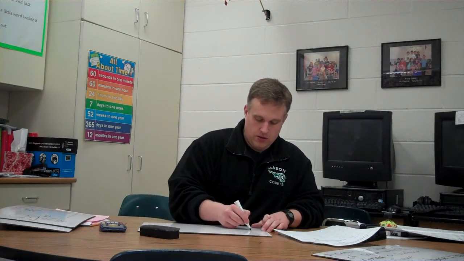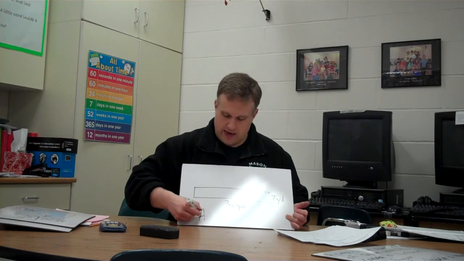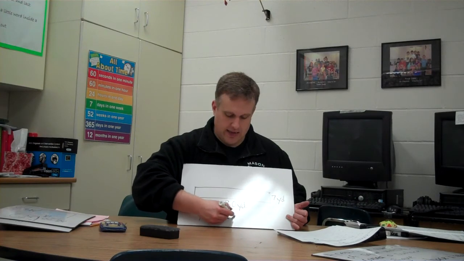We'll do one more together. Again, the important part, guys, is one, when you're using the calculator, make sure you double check your work twice. It takes like 5 to 10 seconds to double check it, but it can help you if you make a mistake the first time. Also, don't forget your labels and don't forget to square your answers. Okay, the next one. I have 30 yards and 7 yards, so again, finding the area is the base times the height.